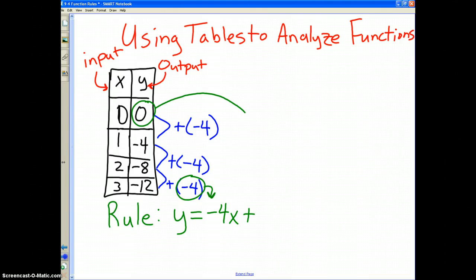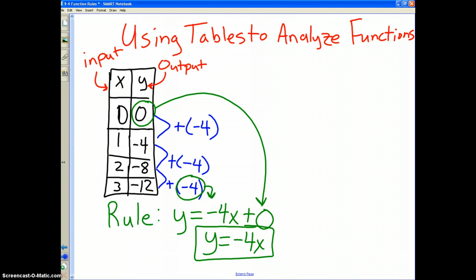We're going to bring that down and put it right there. In this case, it's a little silly because it's 0, so really we could just rewrite it y equals -4x, and leave out the 0 because adding 0, we don't need to write that. It seems a little silly, but hopefully you understand the process.